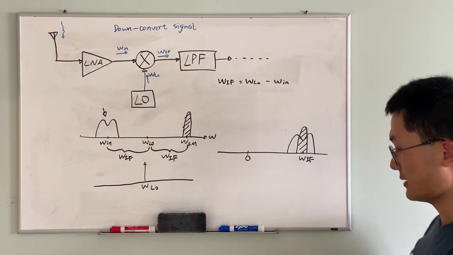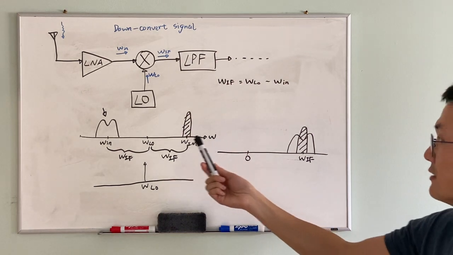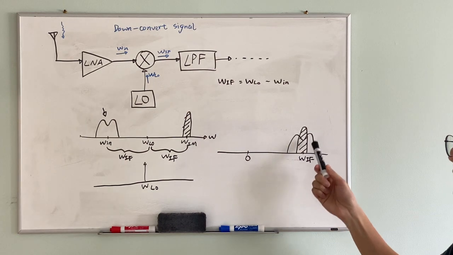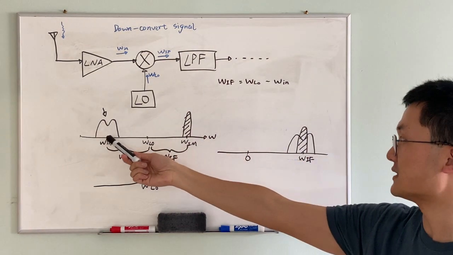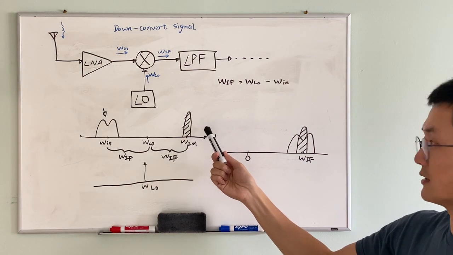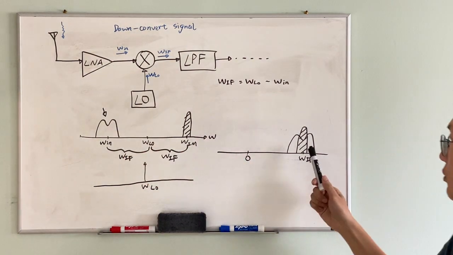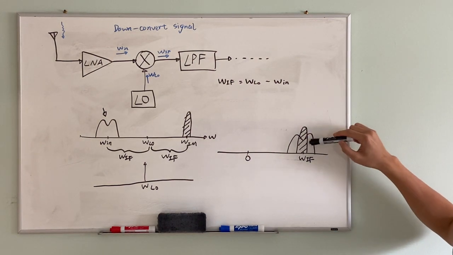Now, why is this a problem? It is a problem because now you're superposing, adding together the input signal with the image signal. So in a way, the input signal has already been corrupted by adding this whole bunch of things that don't belong here.